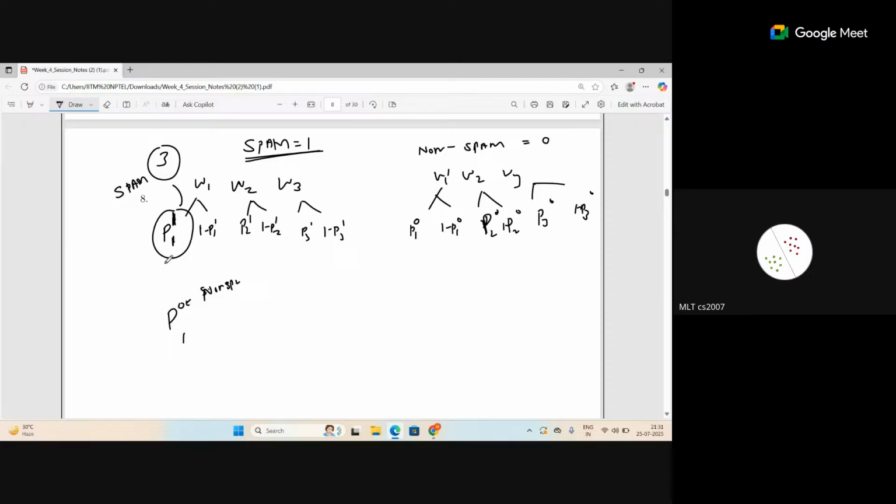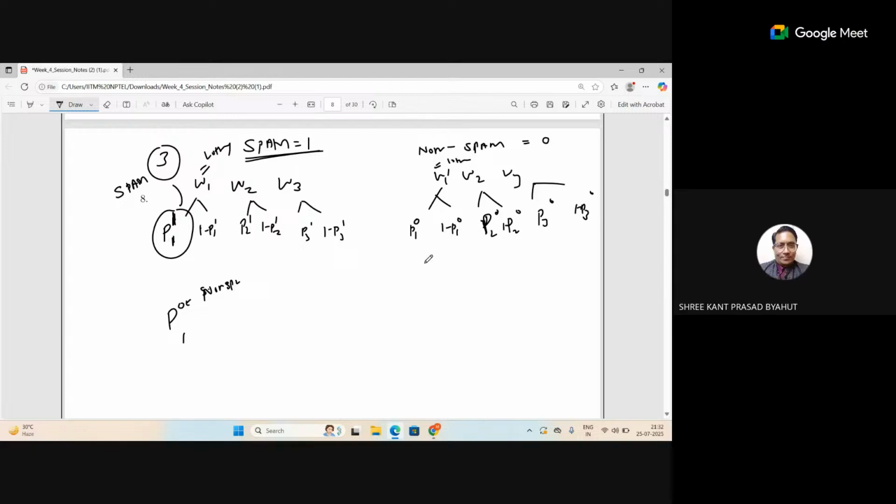Now, will p10 and p11 be the same or different? In general, the probability of success for word 1 appearing in spam and the probability of success for word 1 appearing in non-spam will be different. Let's say word 1 was the lottery.